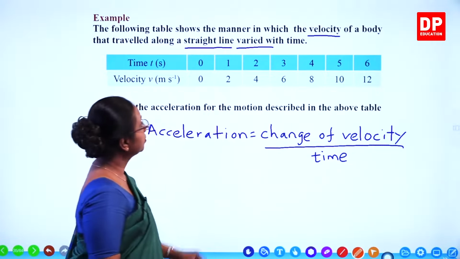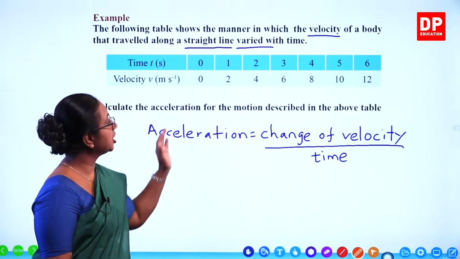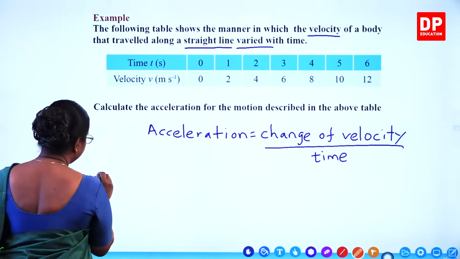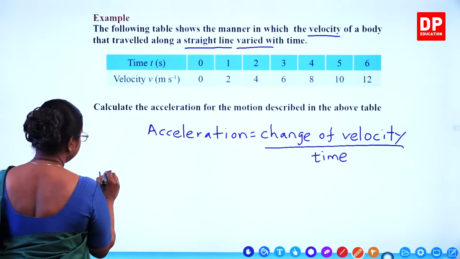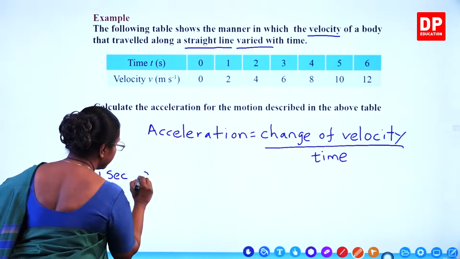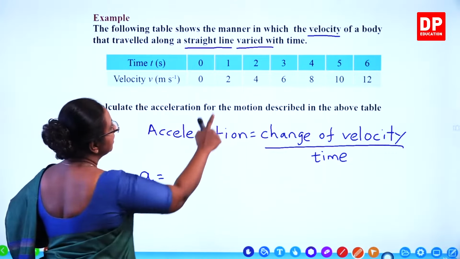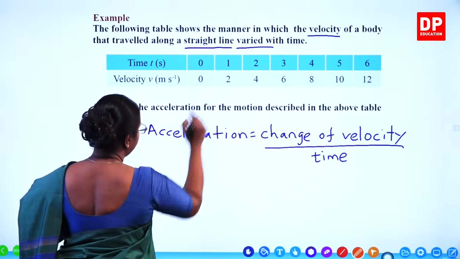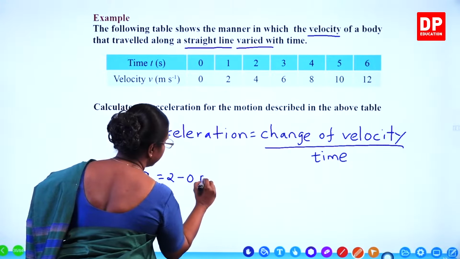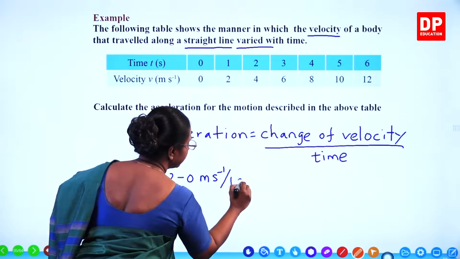So here also we can calculate the change of velocity, that is acceleration, for different time intervals. If we calculate for the first second, you will get the acceleration. We use the symbol A. Acceleration will be change of velocity. Final 2 minus 0, the unit is meters per second, divided by time 1 second.